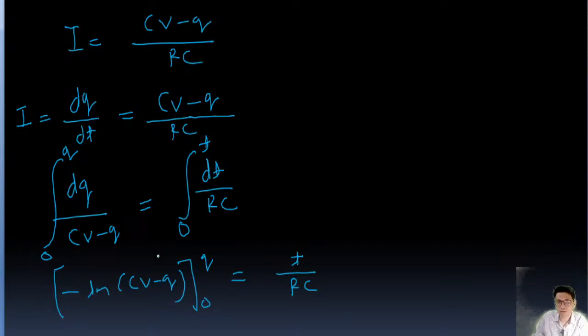Or we can write ln (CV minus Q) upon CV, that is going to be equal to, because CV is also there, right? We have put the limit, so CV minus Q and minus Q equal to 0.